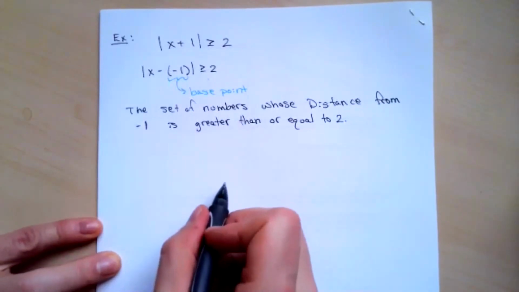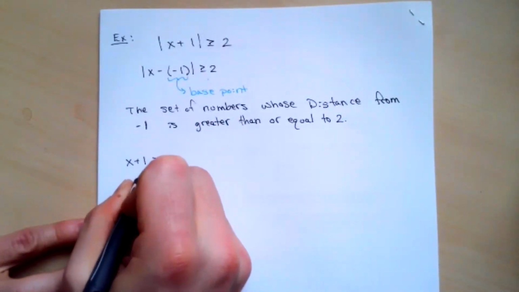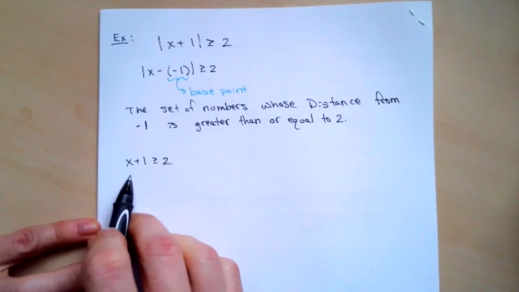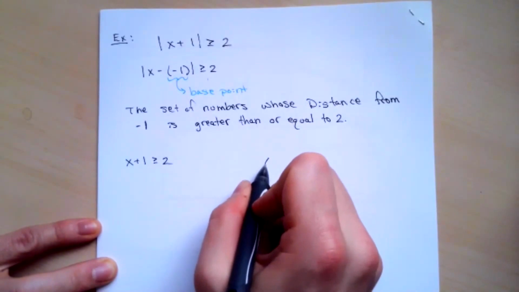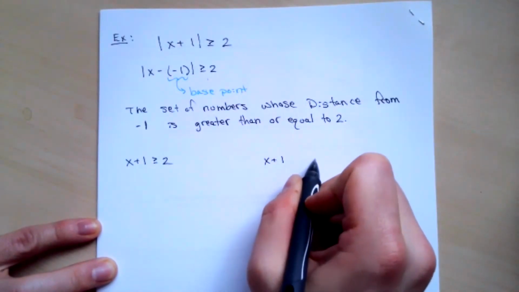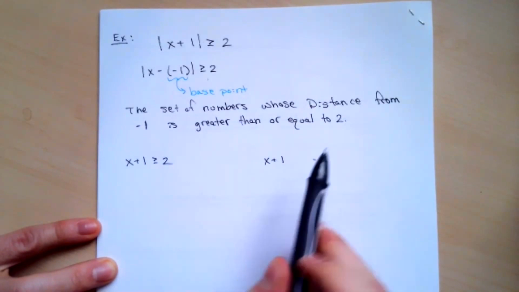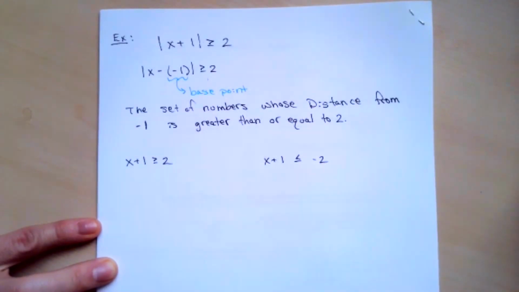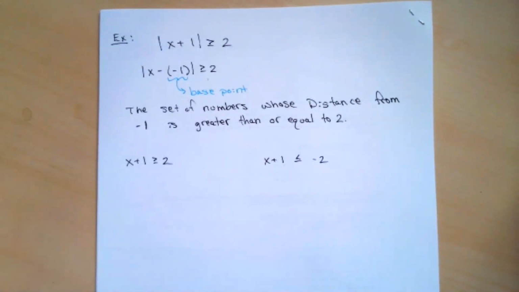And so how do we solve it? We remove the absolute values to get our first equation. And then we remove the absolute values, but multiply by a negative sign on the opposite side, on the right side. And since we're multiplying by that negative sign, we have to flip the inequality. So one extra step. In the last example, we didn't have to flip anything because it was just an equal sign.